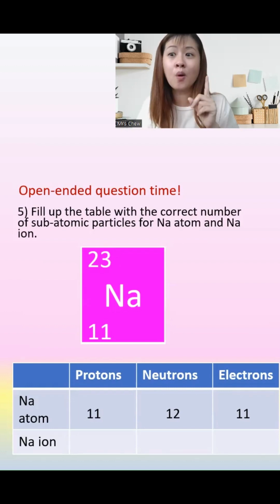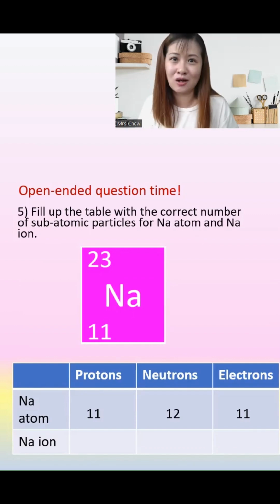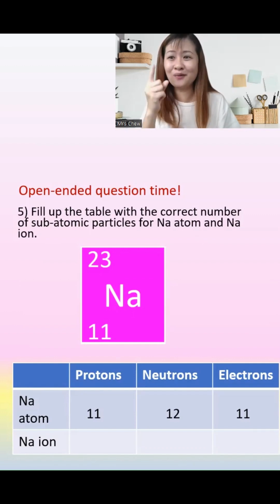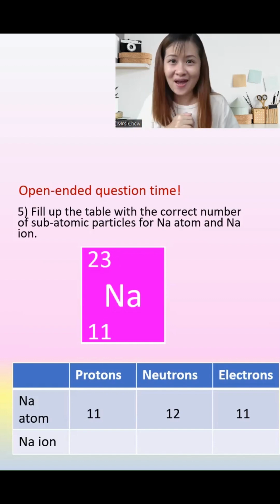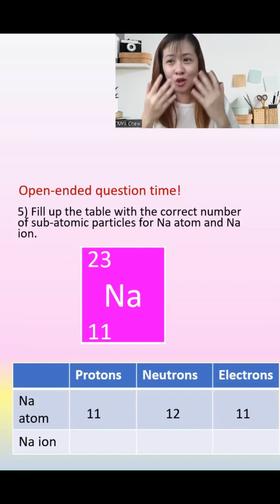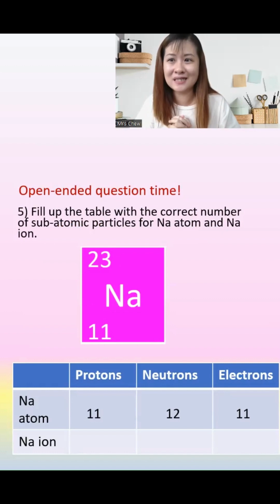So for group 1 atoms, they will lose 1 electron to form a stable electronic configuration. Whether you lose 1 or gain 7 to achieve the same result, you will choose to lose 1, right? So sodium will lose 1. In fact, all metal atoms lose electrons to form a stable electronic configuration.